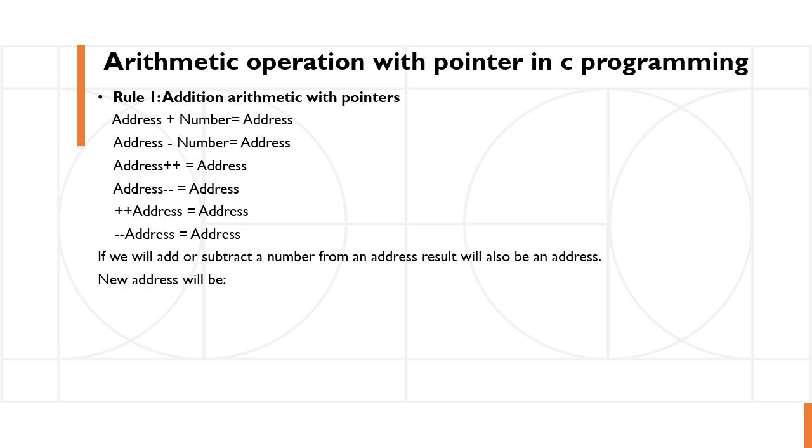Address minus minus is also an address. Plus plus address, that means pre-increment of address, will be an address. Minus minus address, that is pre-decrement of address, is also an address. If we add or subtract a number from an address, the result will also be an address.